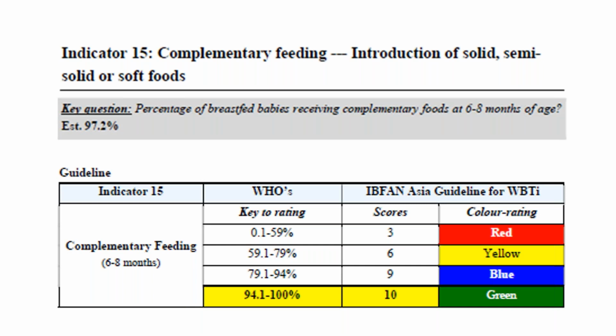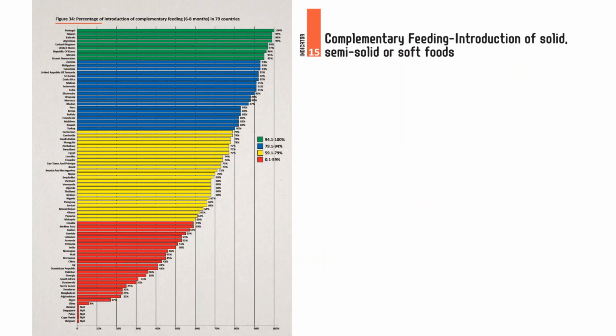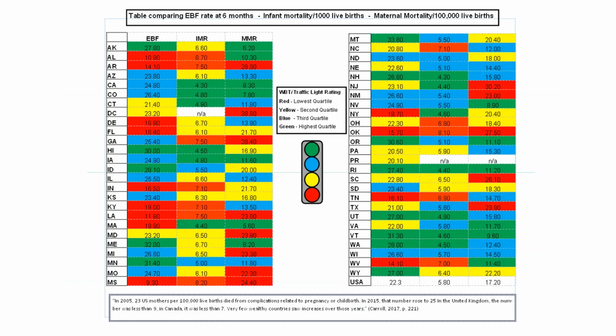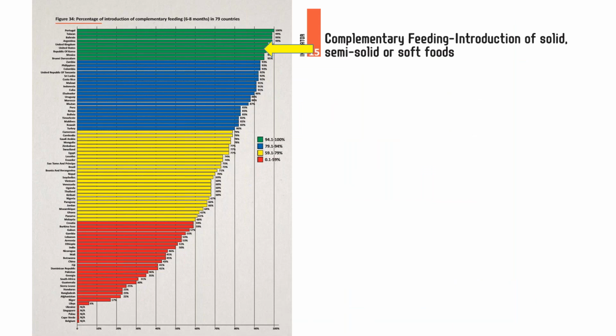But hooray, we get 10 points on it because babies are mostly all receiving complementary foods by 8 months. So here we go. Oh, I went too fast. I was too excited. There we are, right up at the top. The United States and the United Kingdom finally scored up at the top in the green.